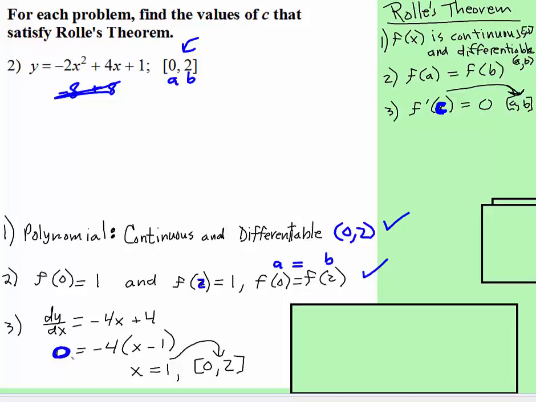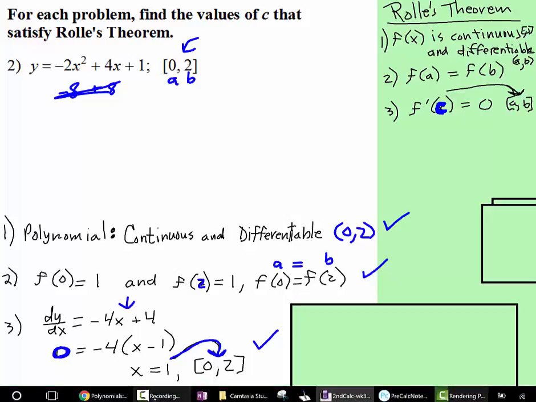We factor out a negative 4, leaving x minus 1, and right away we can see x is going to equal positive 1. And look at that, 1 fits snugly right between 0 and 2. So yes, it meets the criteria. That's it. That's what you're doing on Rolle's theorem.